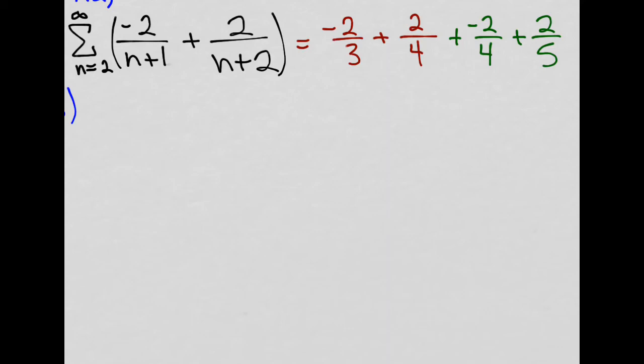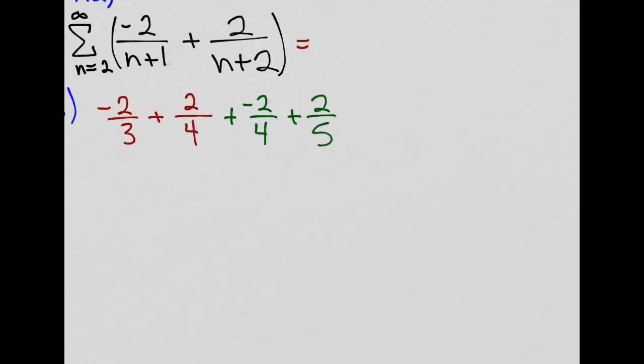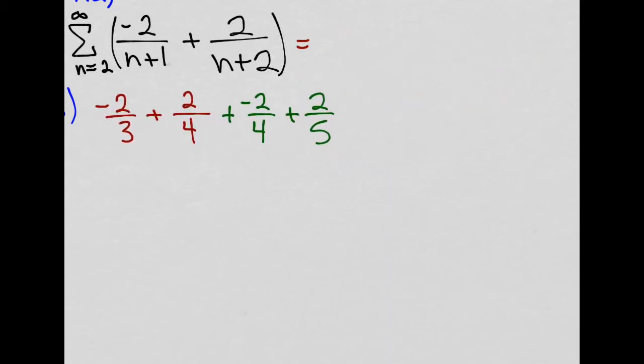Okay. And then we plug in 4, we get 2 over 5, and then minus 2 over 6. And then we could keep going and going and going.